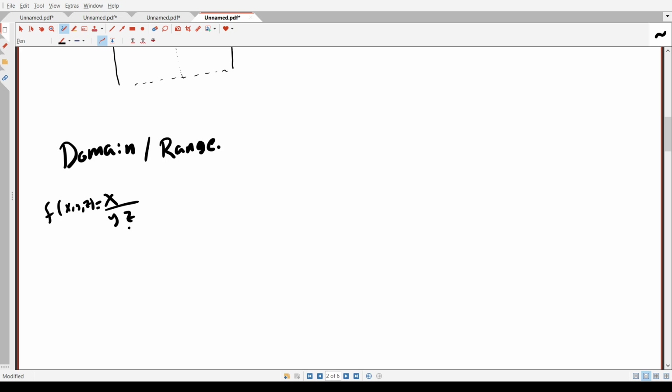It's undefined when z is 0 or when y is 0. Really that's the only restriction that I have. So those points are not going to be in the domain. So the domain is going to be the set of all x, y, z such that y is not 0 and z is not 0.